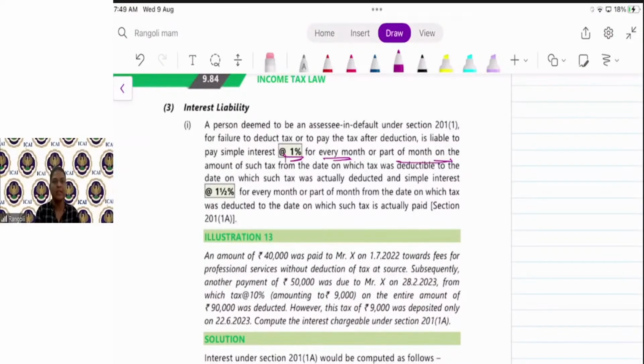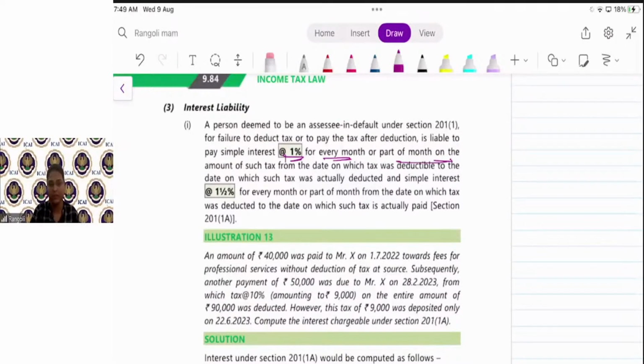The TDS is required to be deducted in July, but it is deducted in February. So there is late deduction. July, August, September, October, November, December, January, February. So you need to pay interest on the TDS amount at the rate of 1% per month.